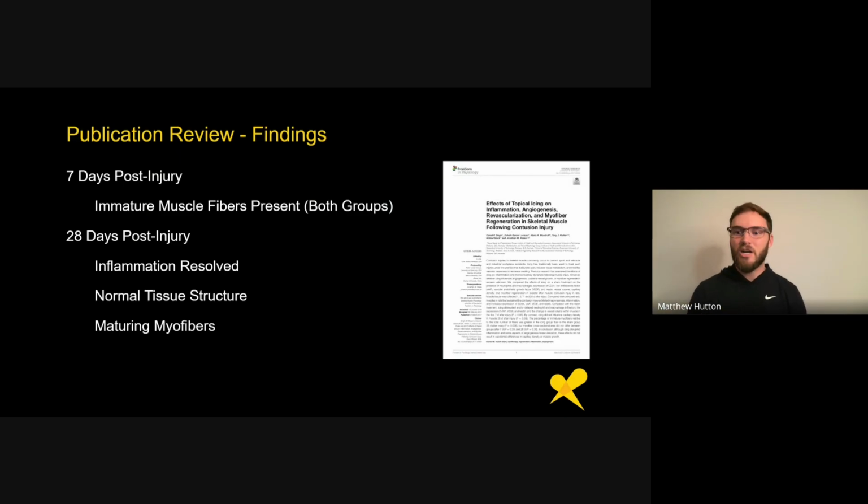But this is subjective and it wasn't part of their objectively measured criteria. This is just the researchers giving their thoughts on it. Much less objective than things like the cross-sectional area or the absolute count on a stain for things like neutrophils and macrophages. They were just, it looks like it to me.